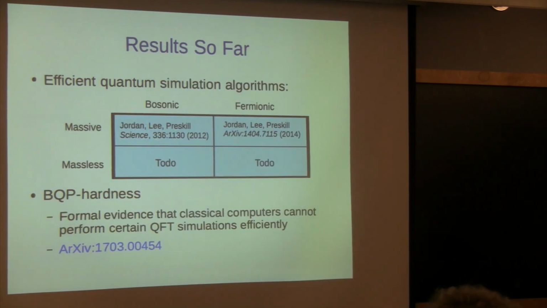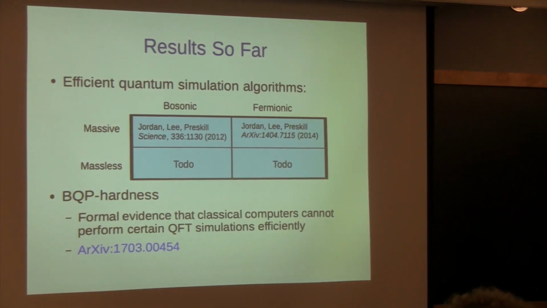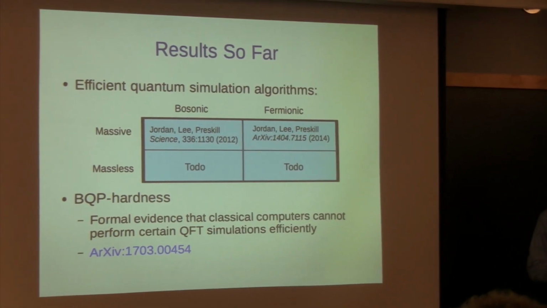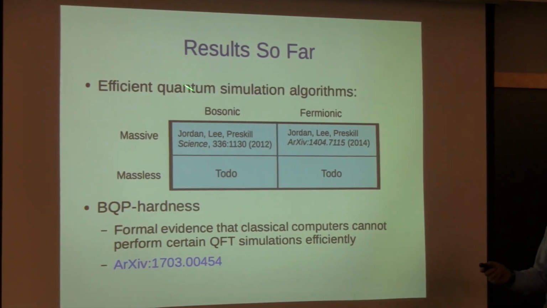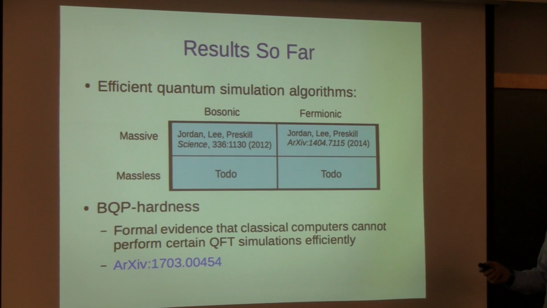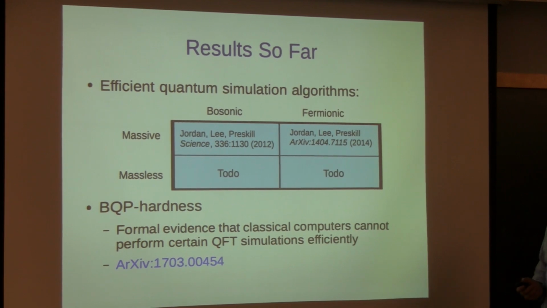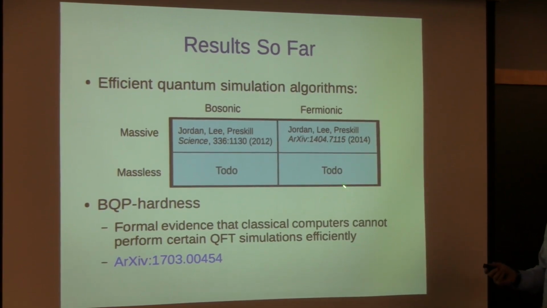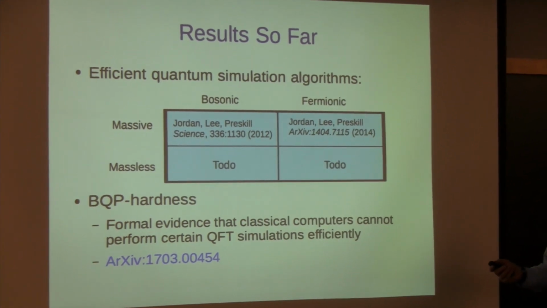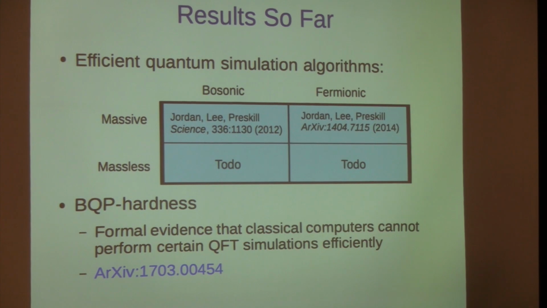Okay, so just to skip to the punchline of the first half of the talk, our results so far are in two examples. We looked at a theory with only bosons, a theory with only fermions, and we considered the case where the particles were all massive. There are some things on the to-do list that we have some ideas about how to extend our algorithms, but these are the cases we looked at in detail.